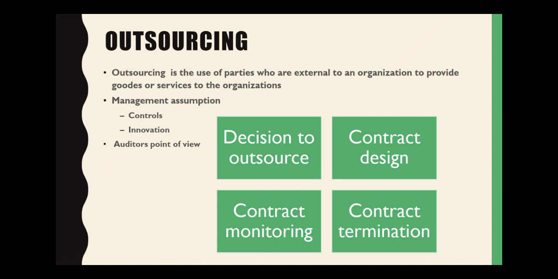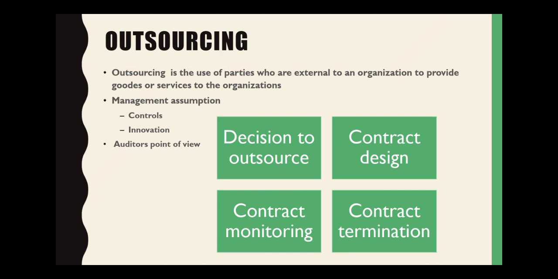Now, the auditor's point of view on this outsourcing, including these 4 points. The first is decision to outsource. The auditor must assist the management to determine what information system services should be outsourced.